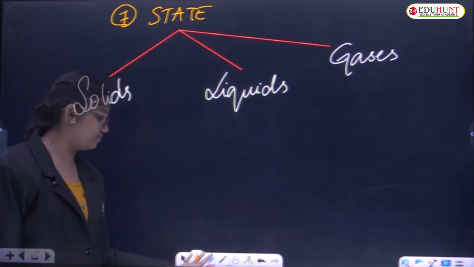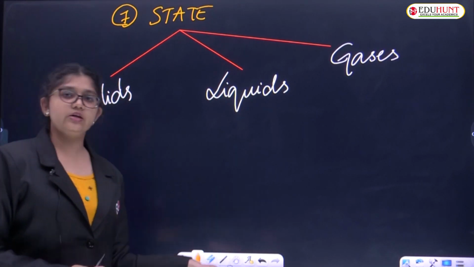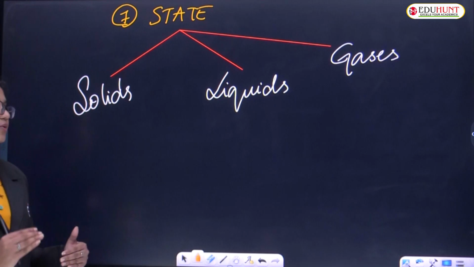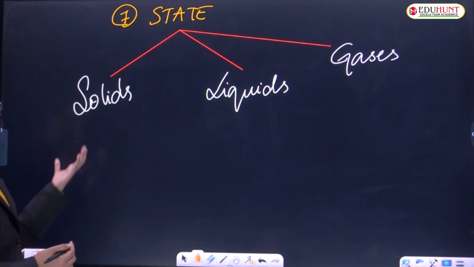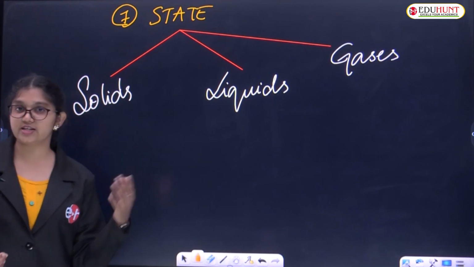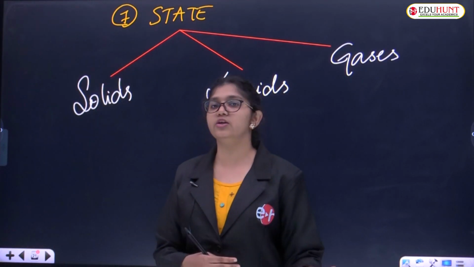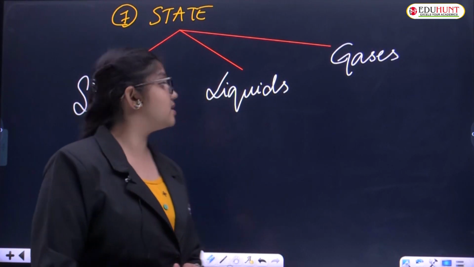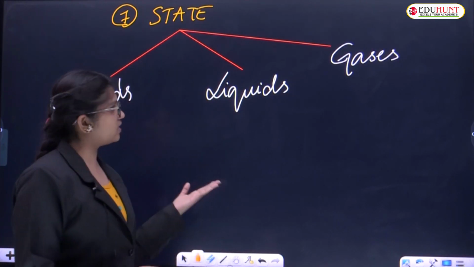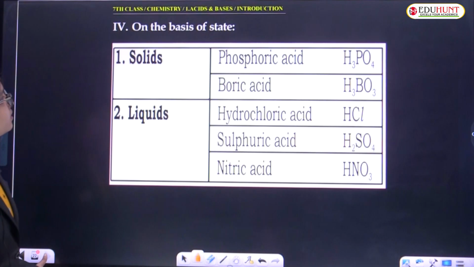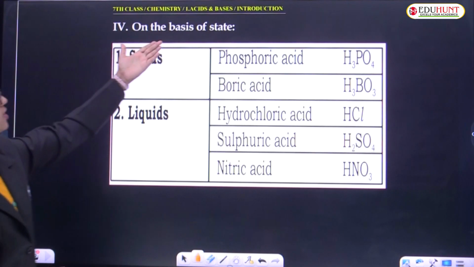The solid definitions are not required here. If you see examples, you can happily classify them as solid, liquid or gaseous acids. For example, malic acid present in apple, and citric acid present in lemon and orange, are considered solid acids. Here we have the picture on the basis of state.